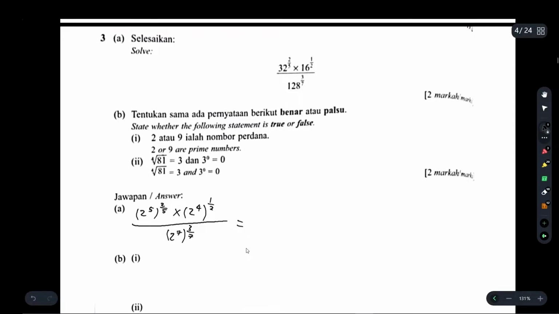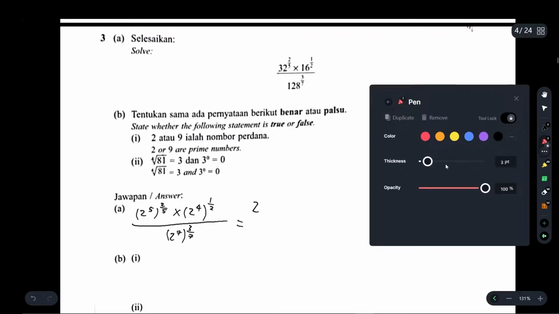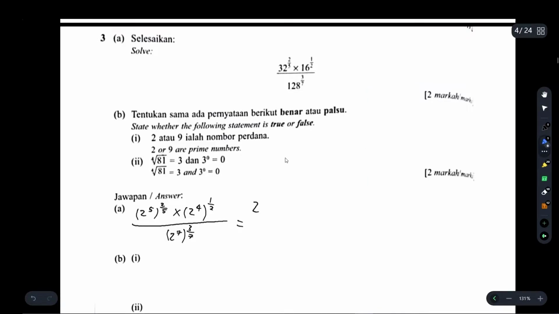Now, 2 power 5, and the power of 5 will be multiplied by the 2 over 5 right here. I'm going to use another color, maybe blue. Let me set the pen size. So 5 times 2 over 5 gives us 2.